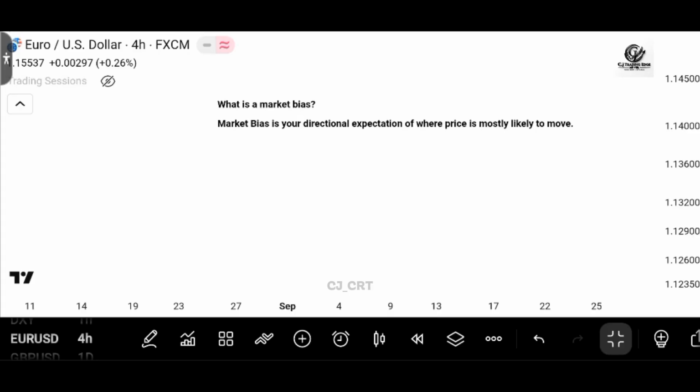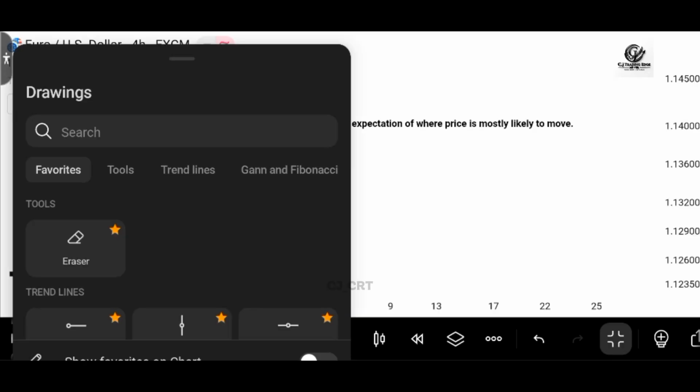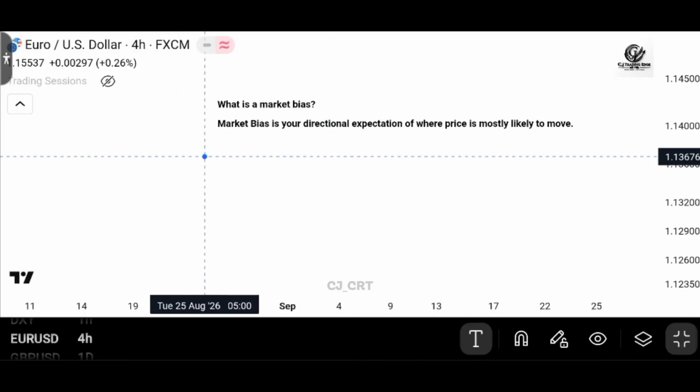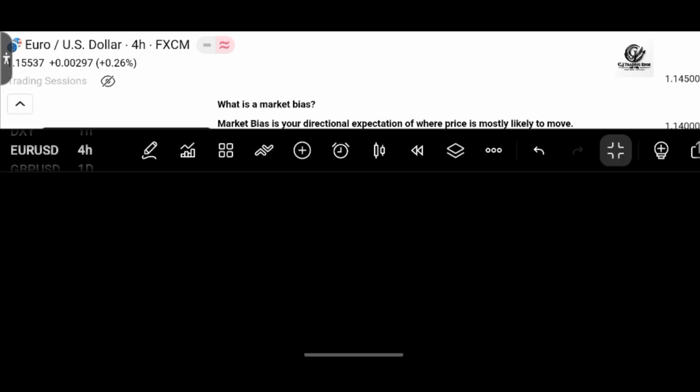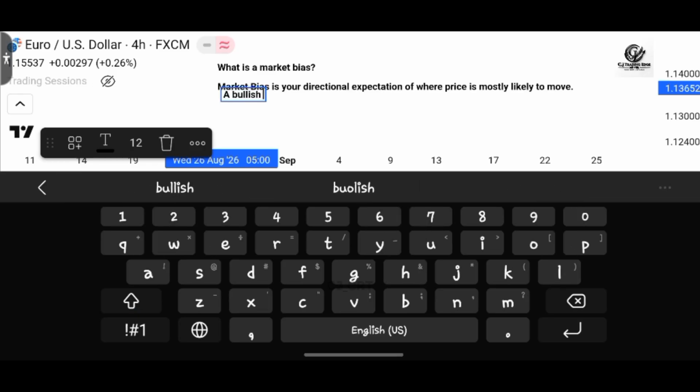A bullish bias means you're expecting price to seek higher prices.